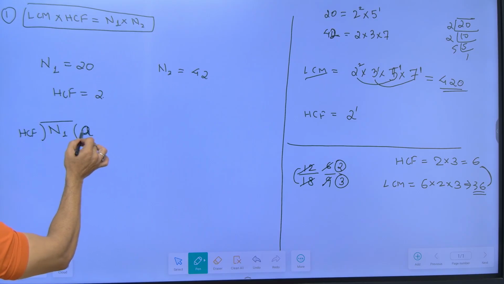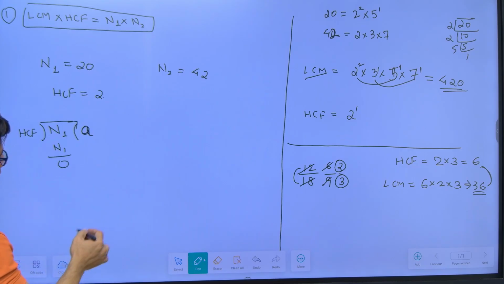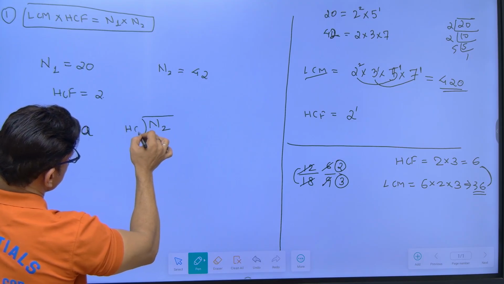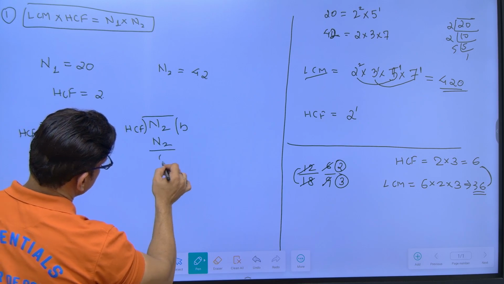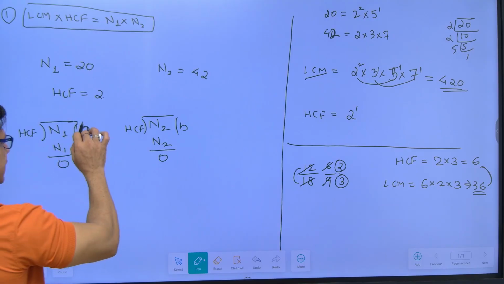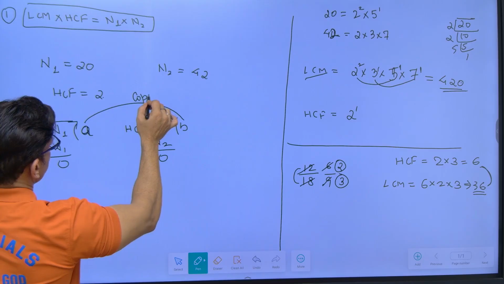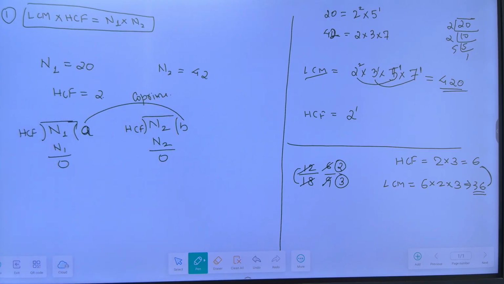Let's say the quotient is A. Remainder will be 0. Similarly, when you divide your second number by HCF, you will get B and remainder is always 0. But what we are interested in is that this A and B are always co-prime.